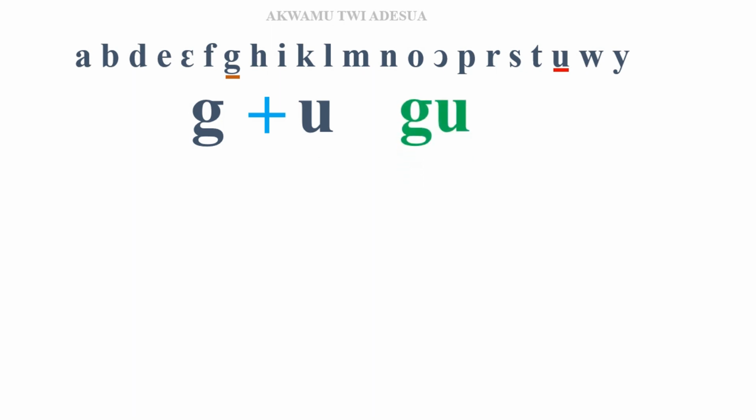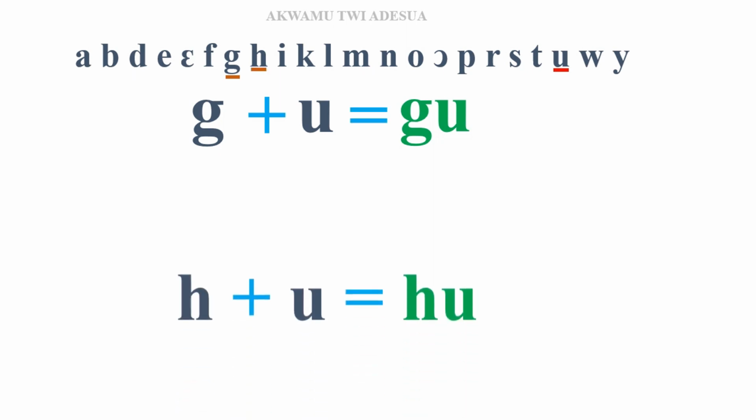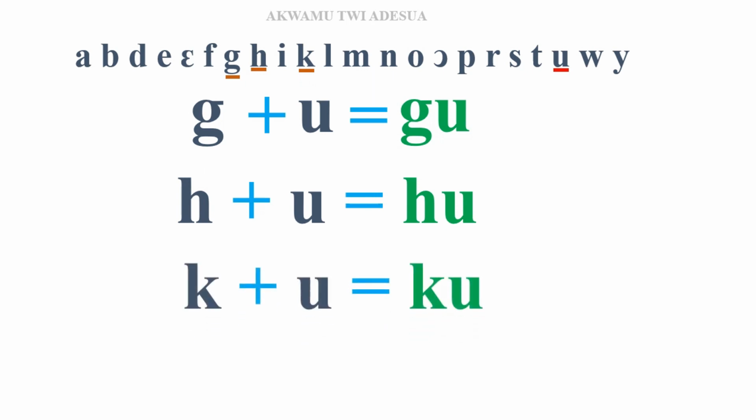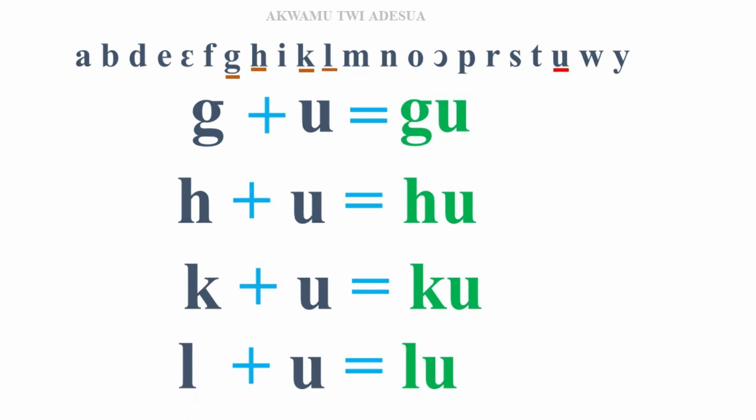H plus U will give us Hu. K plus U will also give us Ku.